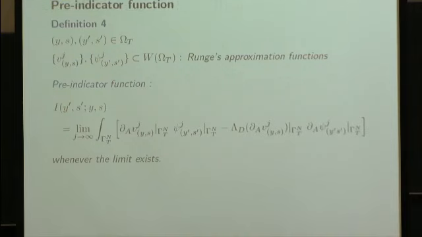Okay. Now, let me define the so-called pre-indicator function. Let bj and psi be the Runge approximation functions I defined before, and then I define the pre-indicator function I of y prime s prime ys by this formula. So there are Runge approximation functions here, and here.